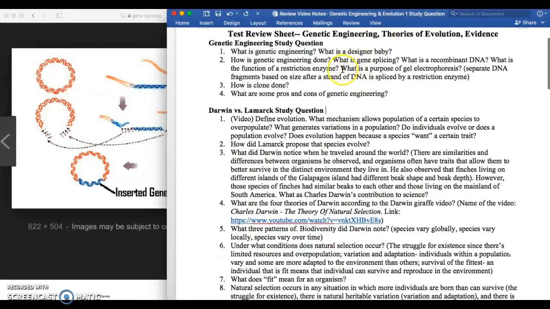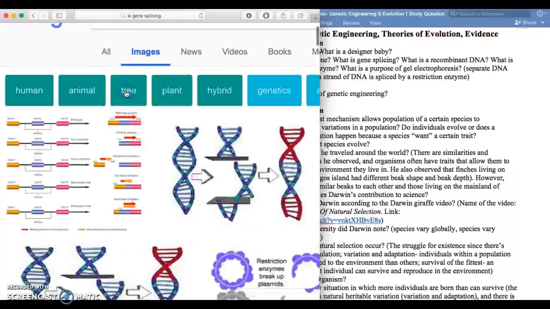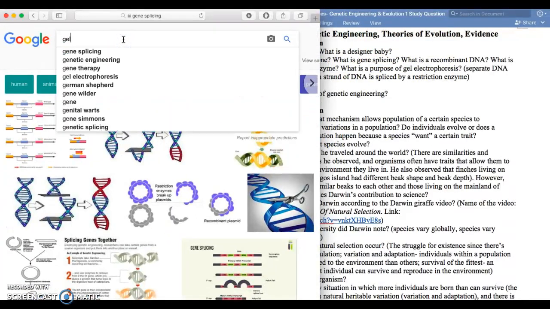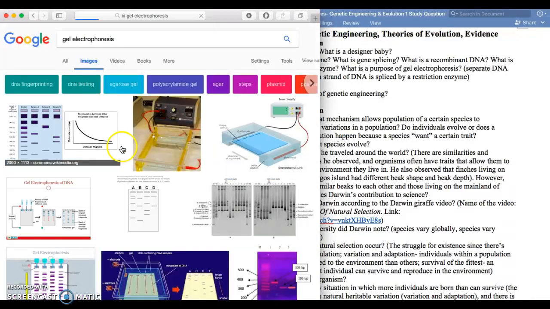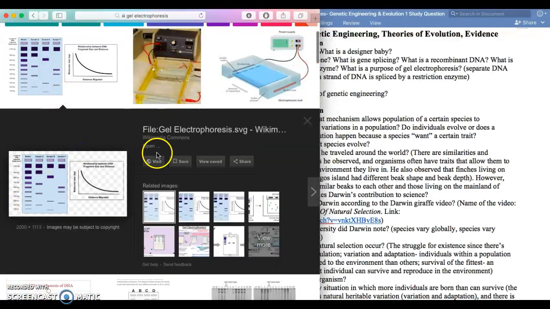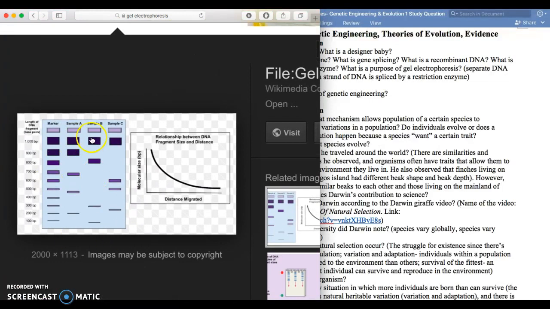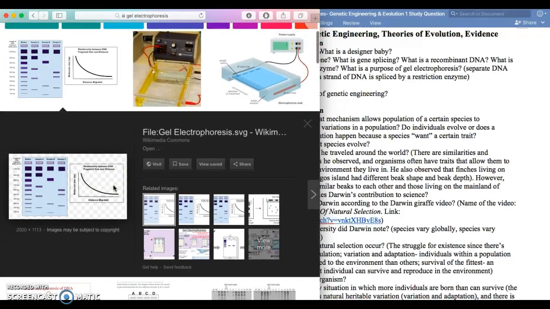What is the purpose of gel electrophoresis? If you look at a picture of gel electrophoresis, you can have a DNA or RNA or protein, and if you want to separate the different fragments, let's say you cut one DNA into 5 pieces, and you want to see how big each piece of the DNA is, you can run it through a gel and see the differences in sizes.